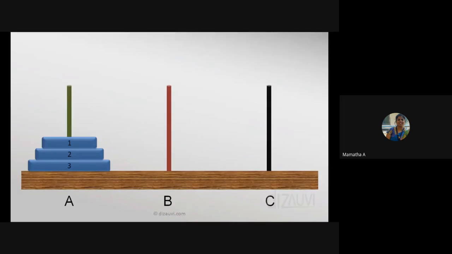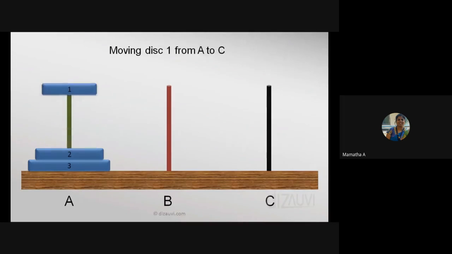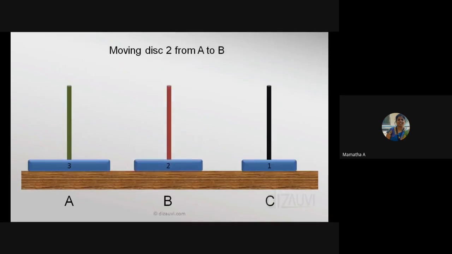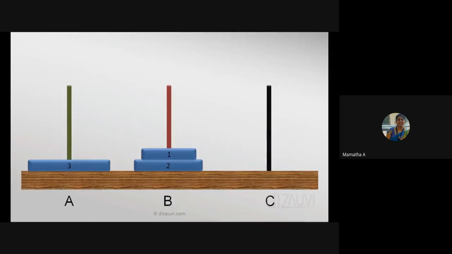So here what we are saying is that we want to move 3 disks from tower A to C using tower B, which means that we can move 2 disks from tower A to B using C. And what we did earlier was that we first moved disk 1 from A to C, then we moved disk 2 from A to B, and then moved disk 1 from C to B. So essentially the state of the system right now is exactly as if we moved the 2 disks from tower A to B using tower C, right?